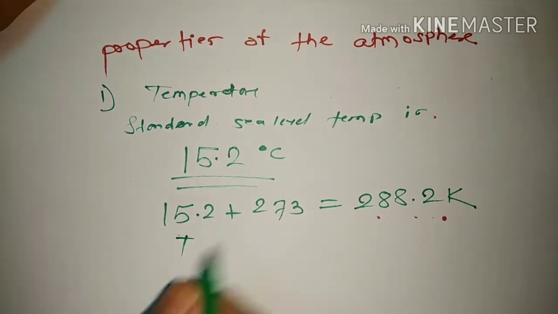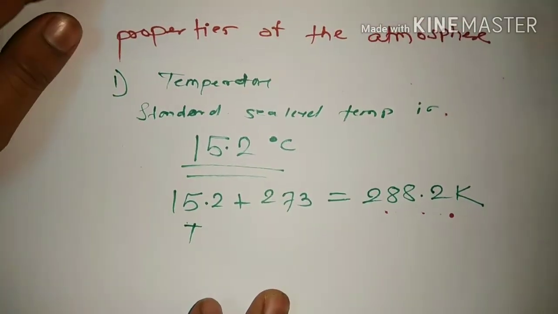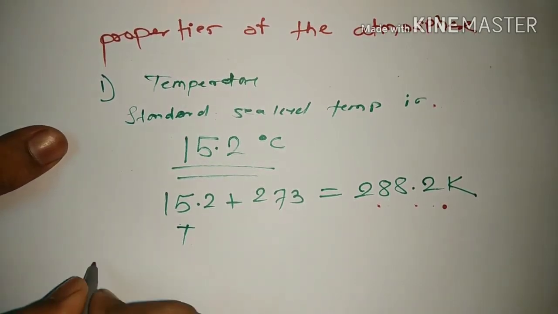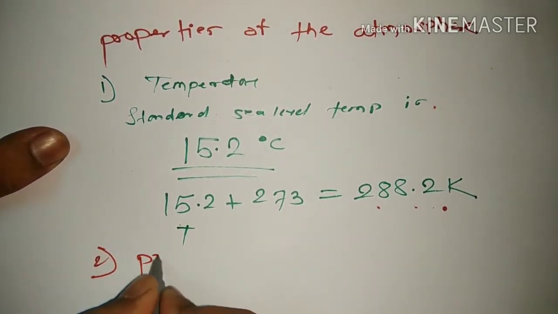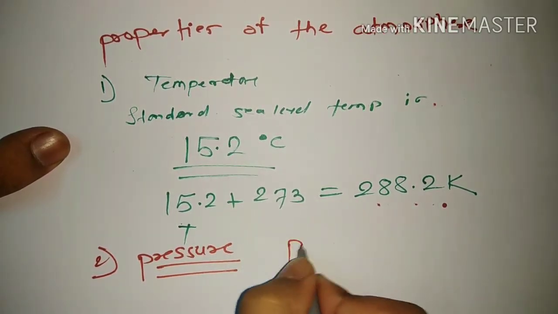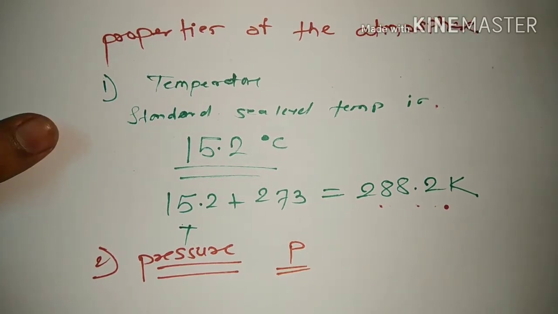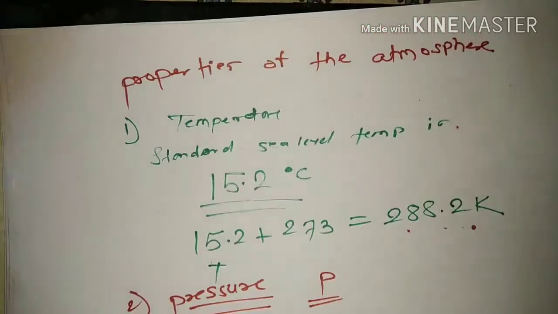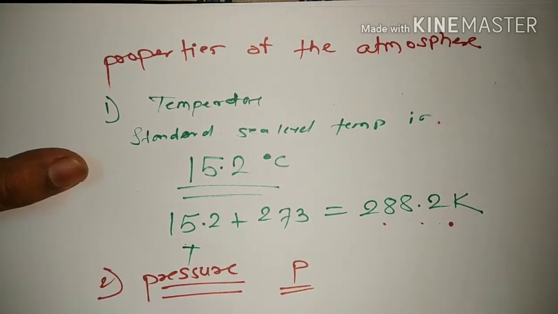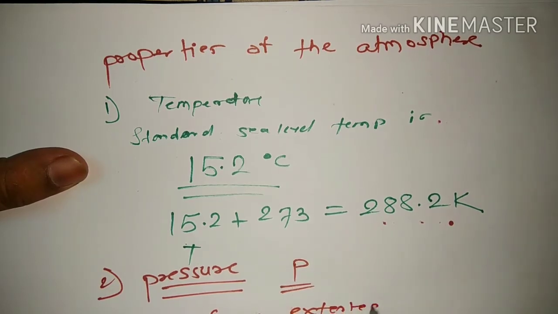Next property is pressure, denoted by P. The definition of pressure is the force exerted by the air.